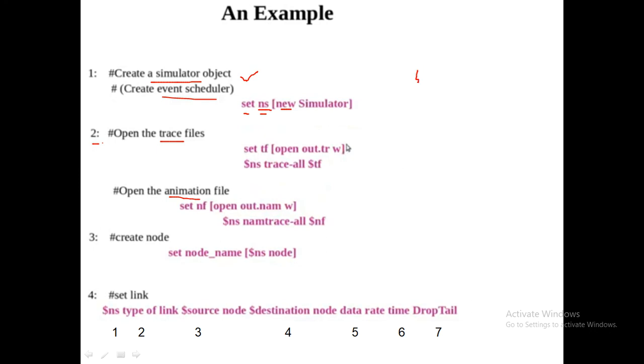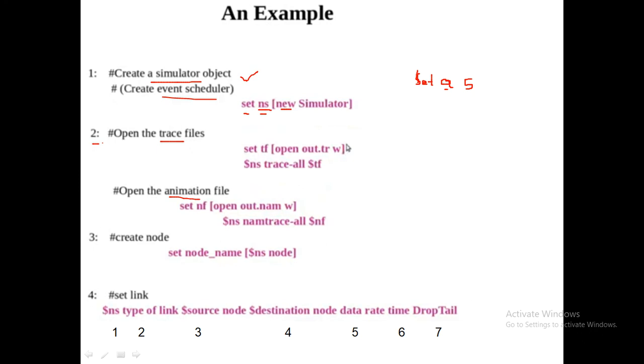Previously in our TCL we have seen set a5. When you say set a5, you are assigning some value to a variable name. Similarly here, for a trace file you are going to create an object, because it is object oriented. What is your object? tf, which means trace file. Set tf, open square bracket, open.